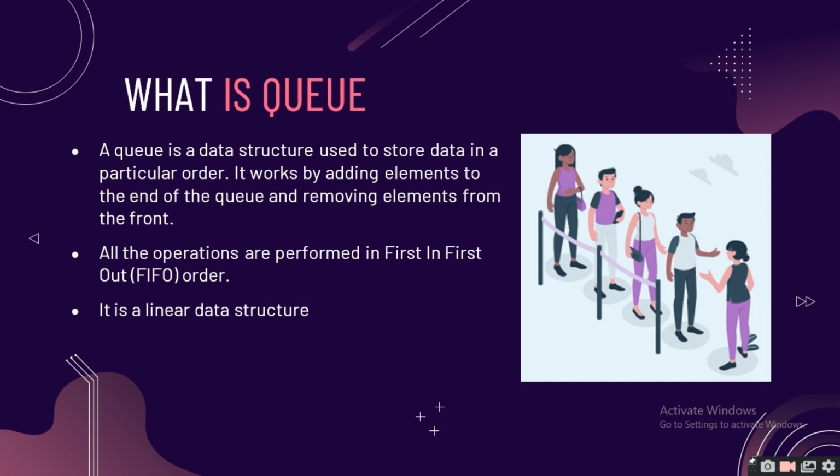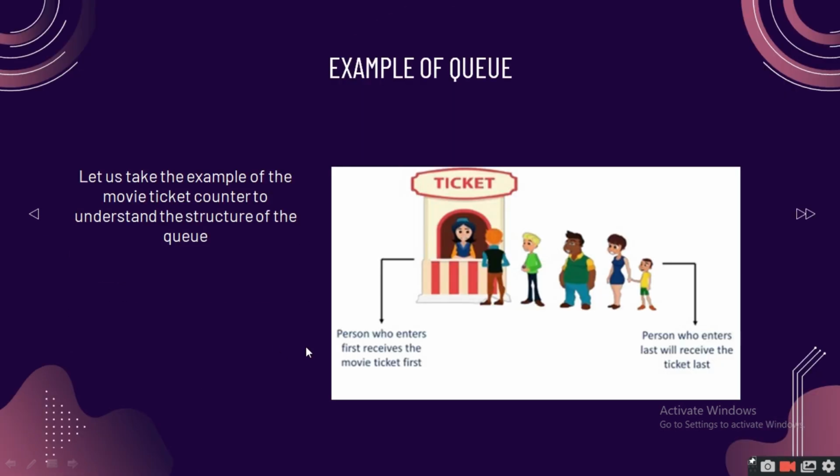Now we will see an example to better understand what a queue is. In this example, let us take a ticket counter. Here the persons are entering a queue in order to get a ticket, and the persons who are entering can enter only at the end of the queue. No entry can happen either in the middle or in front.